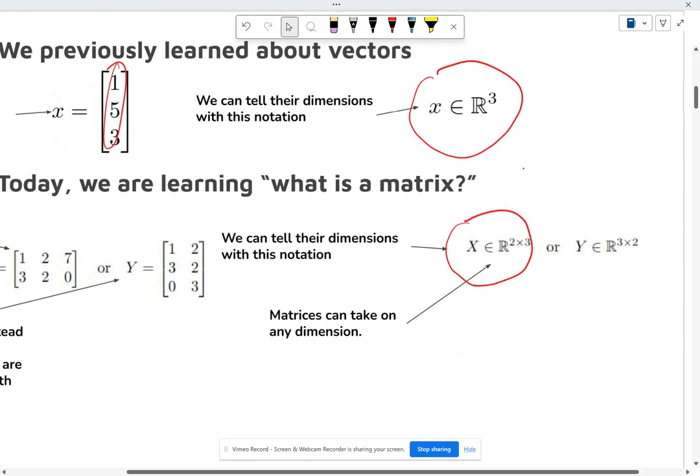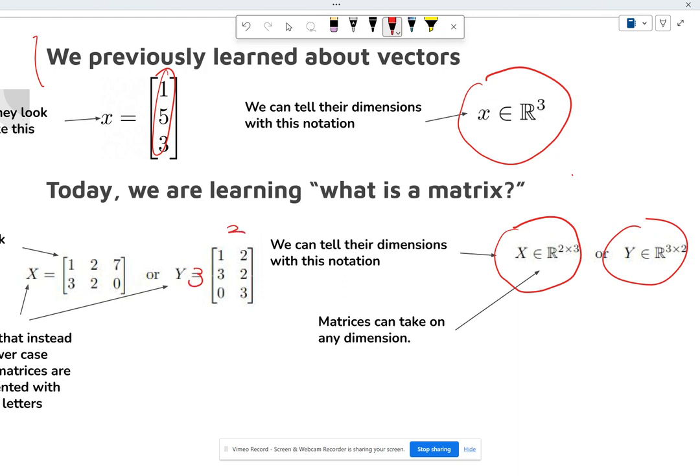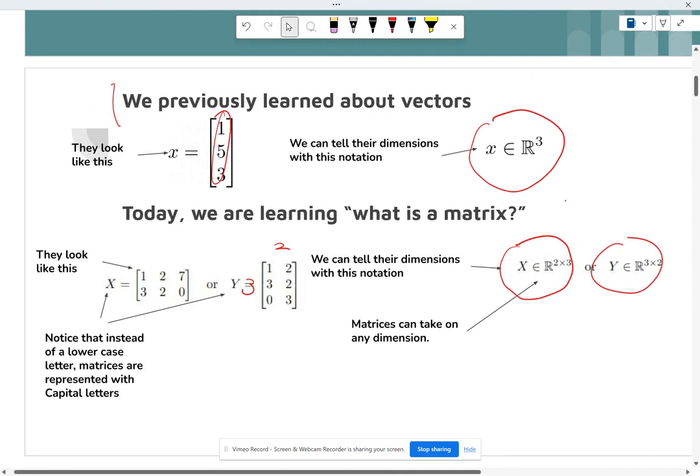So x is 2 by 3. So there are 2 rows, and there are 3 columns. So this is telling you the size of this matrix. Or y will be 3 by 2 because there are 3 rows and 2 columns. Now, matrices can take on any dimension, so any number here will work.